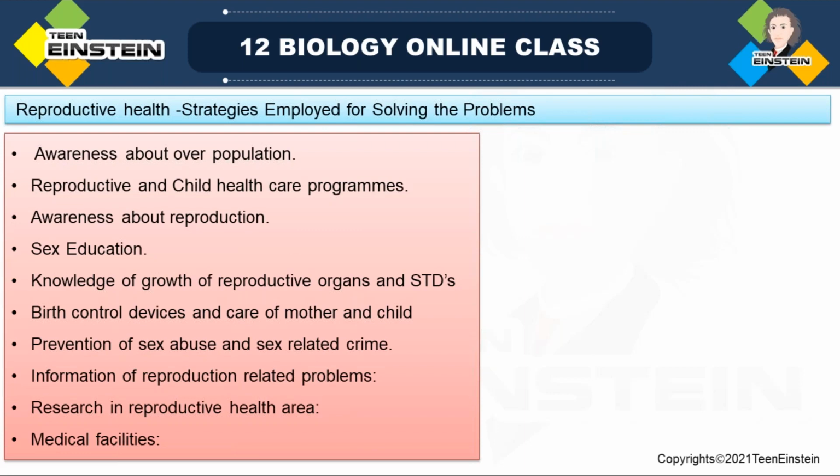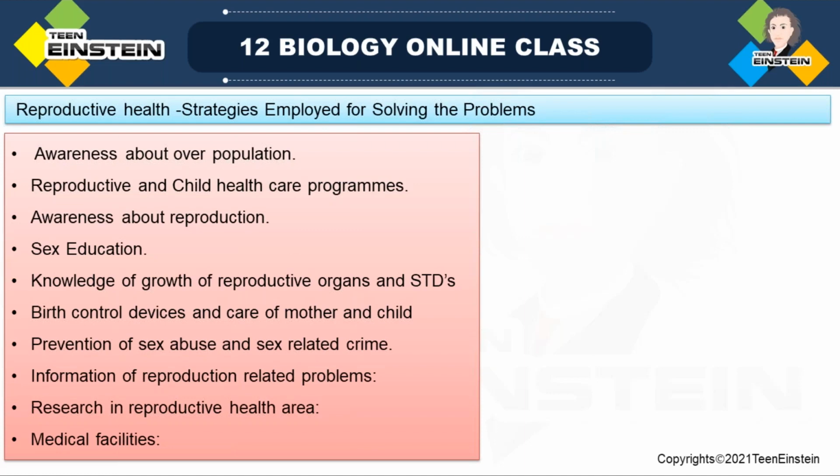Then medical facilities. Medical facilities means better awareness about all these sex related problems, prenatal care of mothers, medically assisted deliveries, and postnatal care of mother and infant. All this will decrease the maternal and infant mortality. Mortality means death rate, that will decrease.